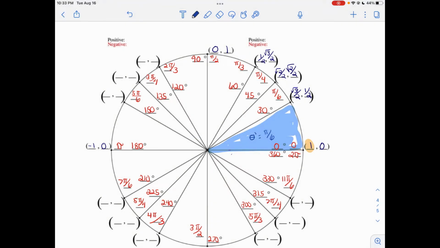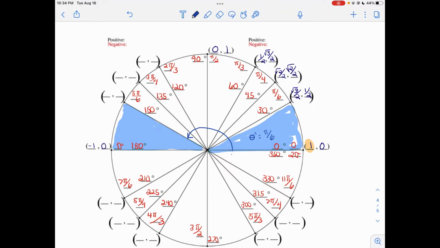All right, so what you're going to do is find in each quadrant an angle that has a reference angle of pi over 6. So if I'm looking in quadrant 2, it would be 5 pi over 6, because from that terminal side to the nearest x-axis is 30 degrees, or pi over 6. Since it has the same reference angle, it must have the same corresponding ordered pair.